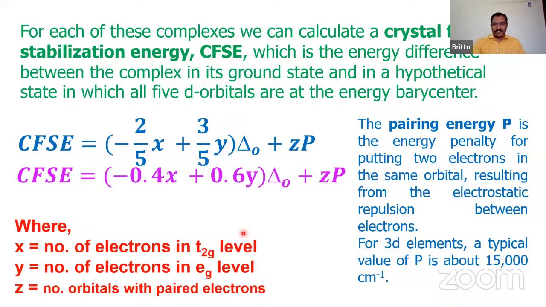So it is plus. Minus 2/5 x, why is it negative? Because the energy level decreased. The t2g orbitals, in the octahedral field, the ligands approach the metal atom along the axis. So whichever orbitals lie along the axis experience more repulsion.